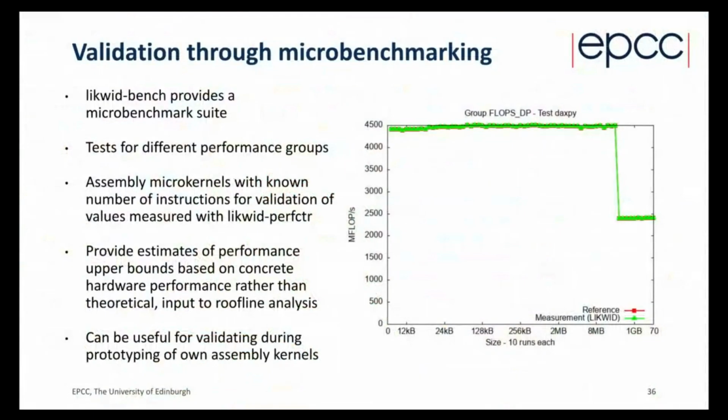So Liquid provides an ability to perform microkernel benchmarking through the Liquid Bench tool. What that is: Liquid includes a series of tests for each of the derived metrics in the performance groups that are composed of very basic assembly instructions, where a priori the number of operations of various kinds are known.